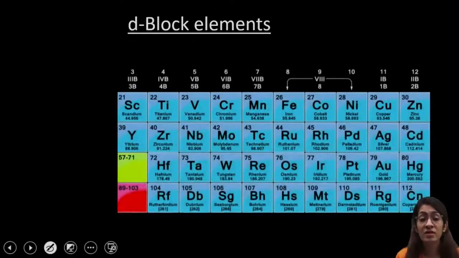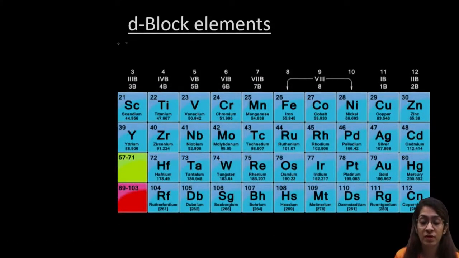The D block elements are the elements from group 3 to group 12, which form the middle of the periodic table. These are known as the transition elements or the D block elements.